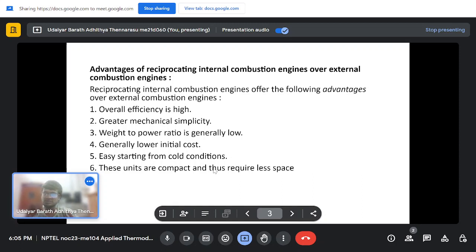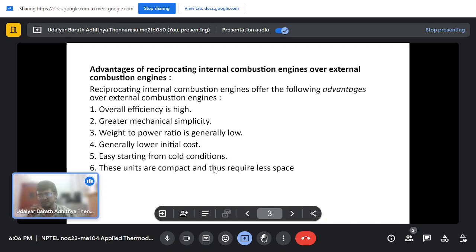If the weight to power ratio is low, it means for smaller weight you have more power. So that is generally low compared to external combustion engines, and it generally has lower initial cost because everything is happening inside, and you don't need a separate combustion chamber to pump or compress and send it here.